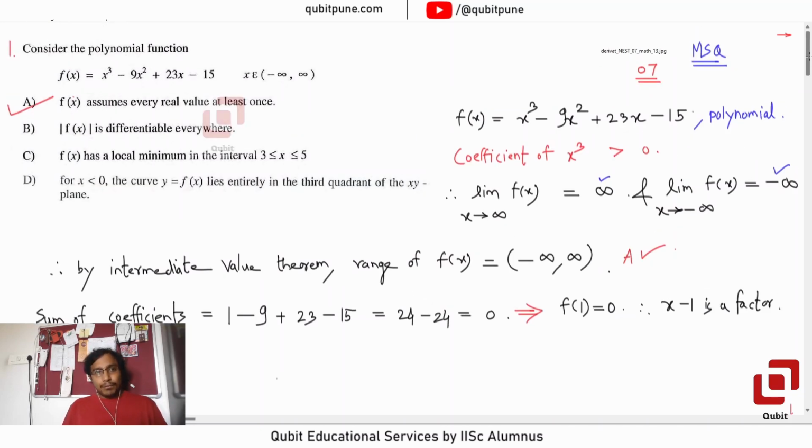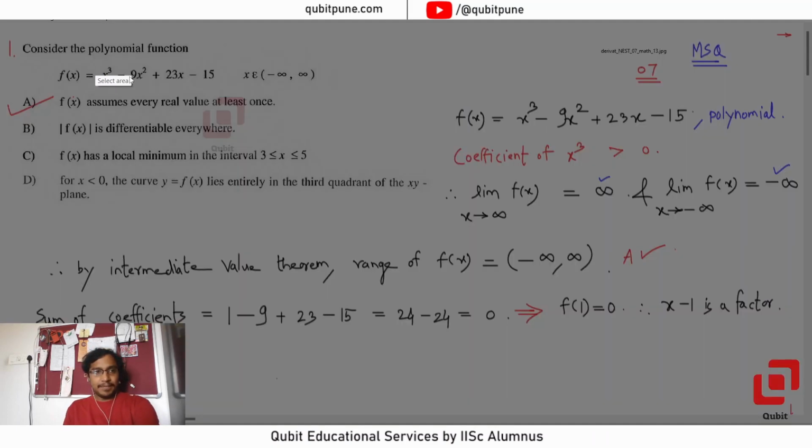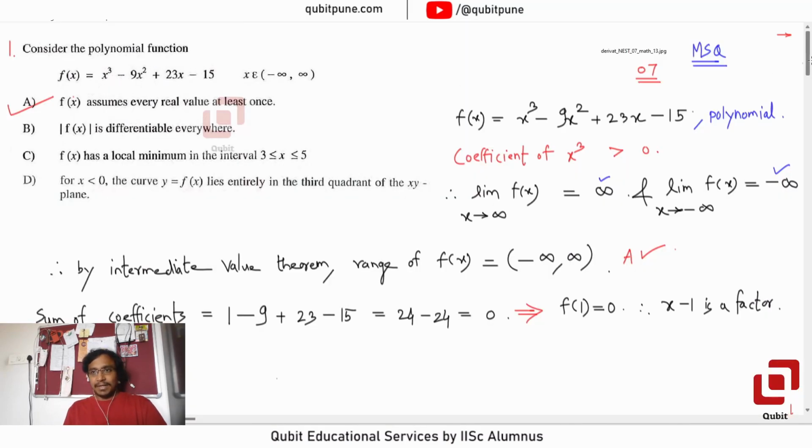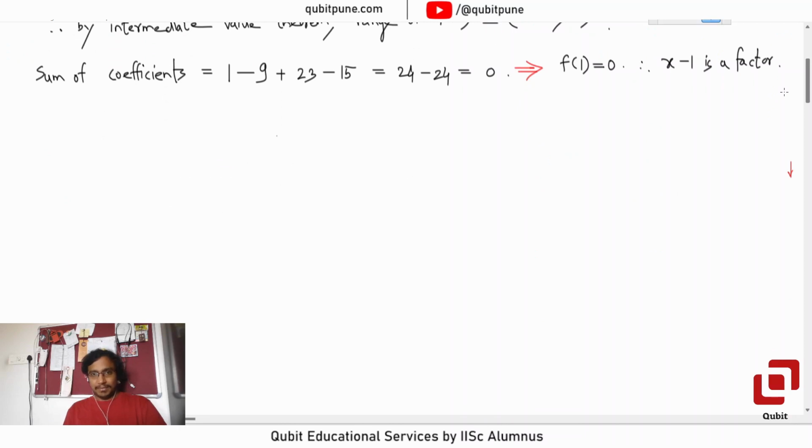Now to find the other two factors, we don't know whether the roots are real or complex conjugates of each other. One of the roots is definitely 1, so we can divide this polynomial by x minus 1. We are bound to get 0 remainder, but we would like to see the quotient.